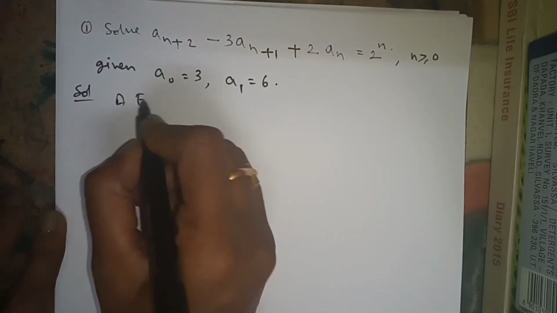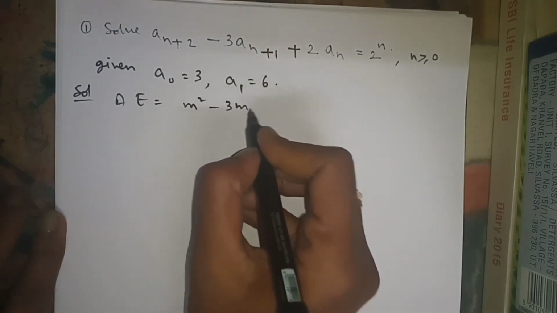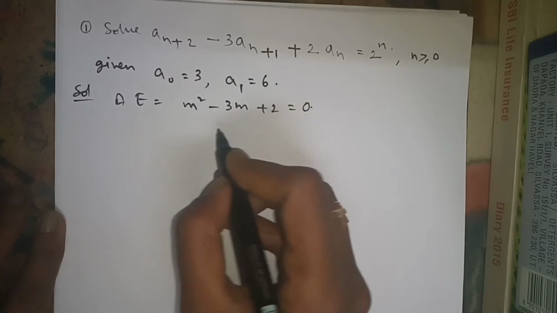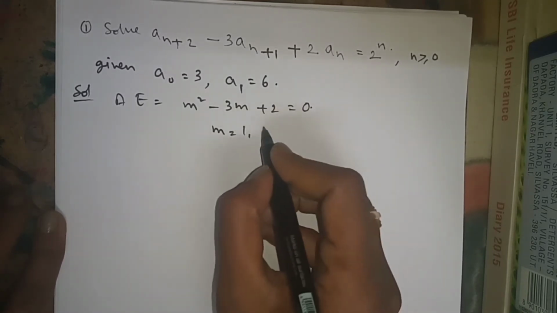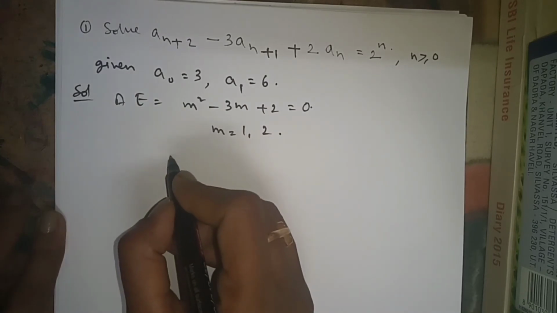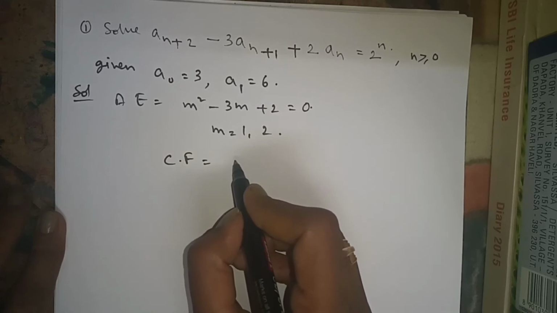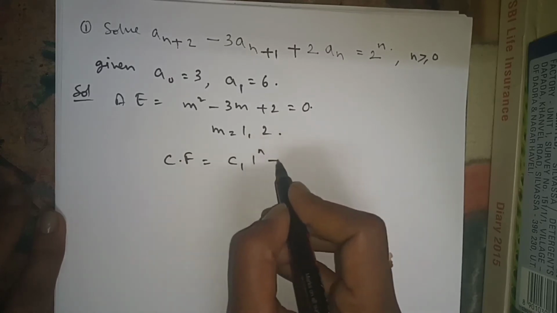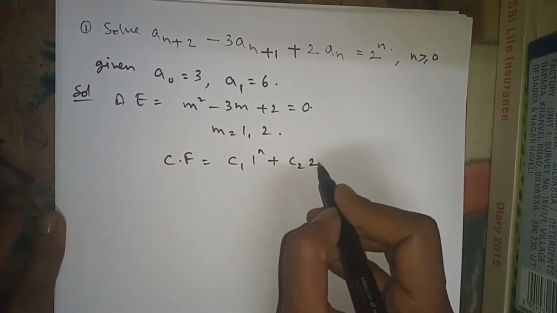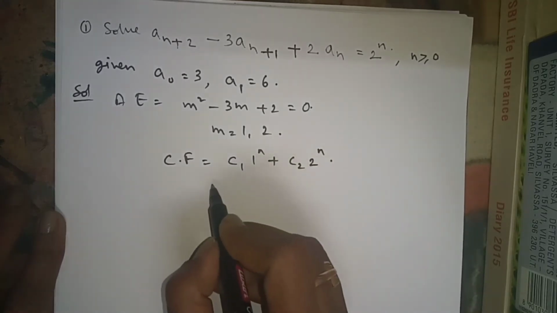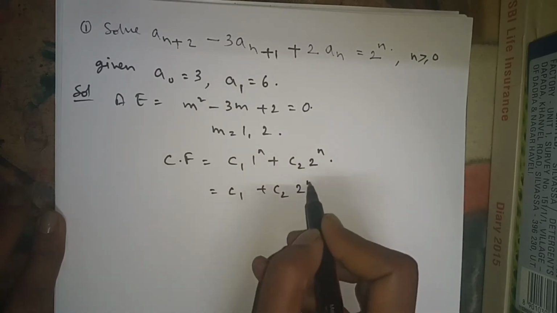First we will write the auxiliary equation from higher order to lower order: m square minus 3m plus 2 is equal to 0. If you find the factors, m is equal to 1, 2. Therefore, we have got distinct roots, so the complementary function is C1 into 1 to the power of n plus C2 into 2 to the power of n. 1 to the power of n is nothing but 1, so C1 plus C2 into 2 to the power of n.